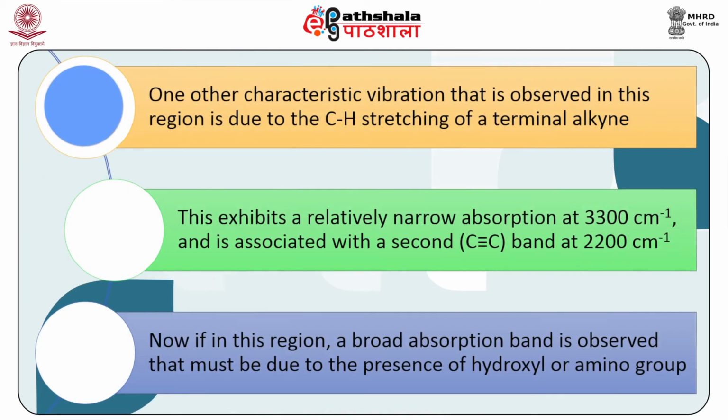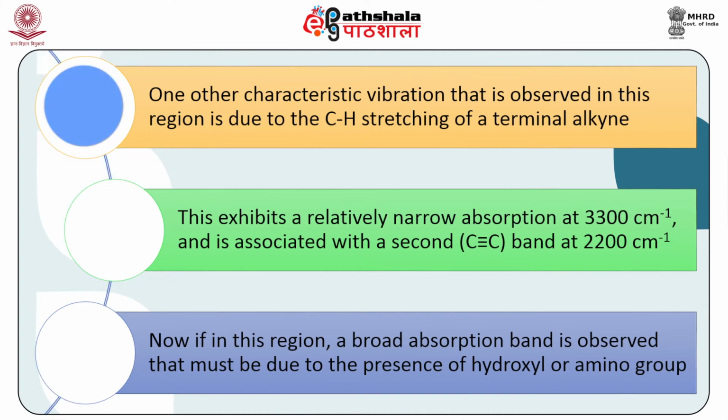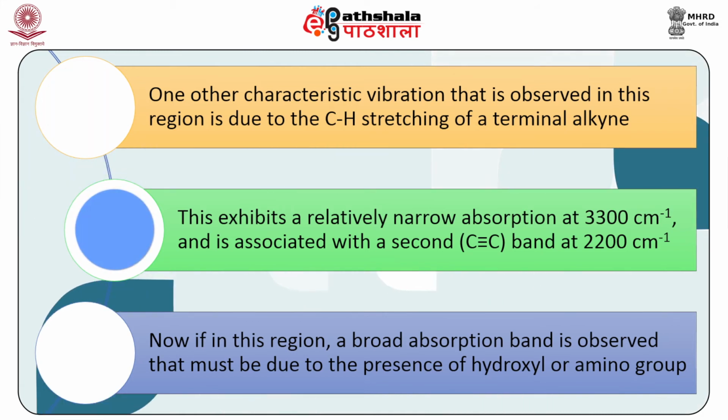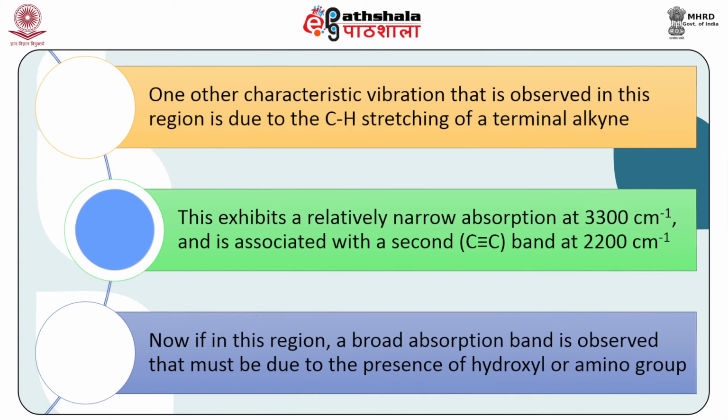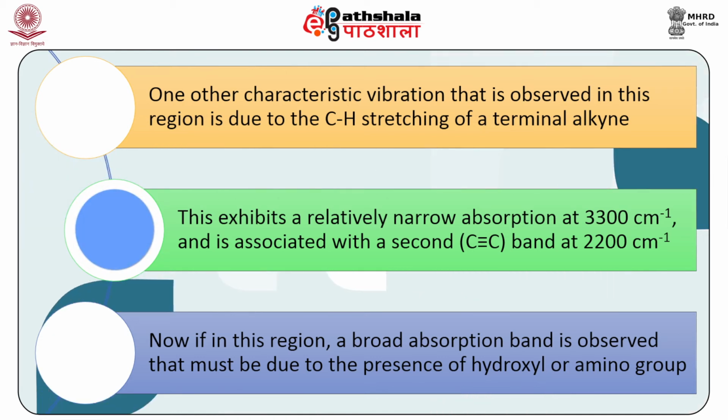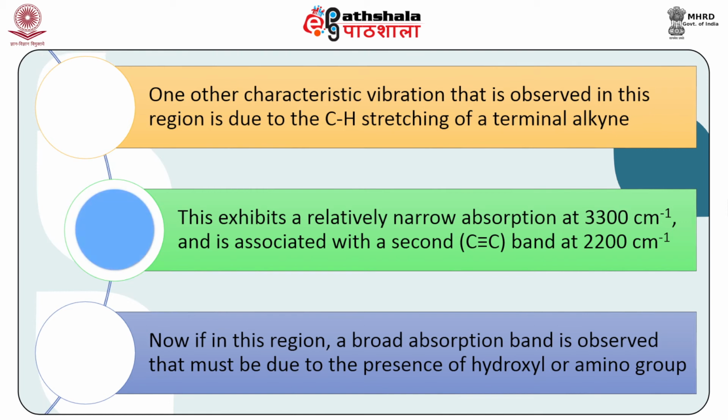One other characteristic vibration observed in this region is due to the CH stretching of a terminal alkyne. This exhibits a relatively narrow absorption at 3300 centimeter inverse, and it is associated with a second C triple bond C band at 2200 centimeter inverse.